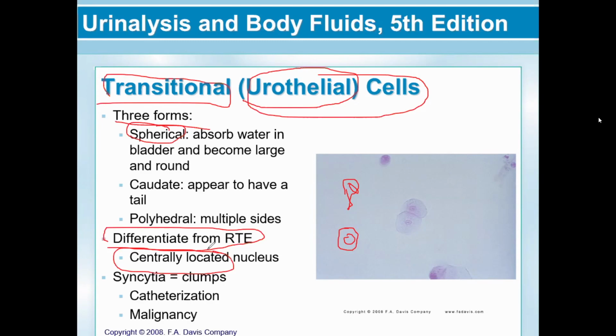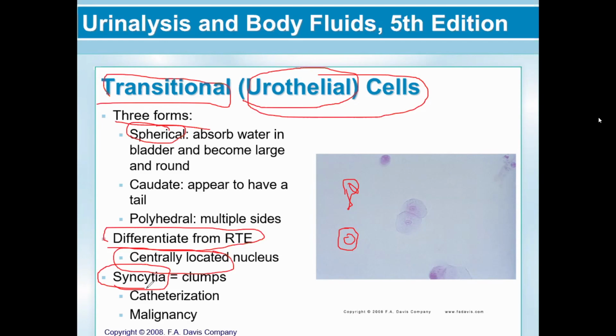If it's circle or spherical, and the nucleus is eccentric, okay, or pushed to one side, then that's your RTE or renal tubular epithelial cell. Okay? So your transitional cells, guys, sometimes we can see them in clumps and we term that as your syncytia. Okay? And this is very common sa mga pasyente na merong malignancy, like for example, bladder cancer, or urinary bladder tumor, mga ganyan.